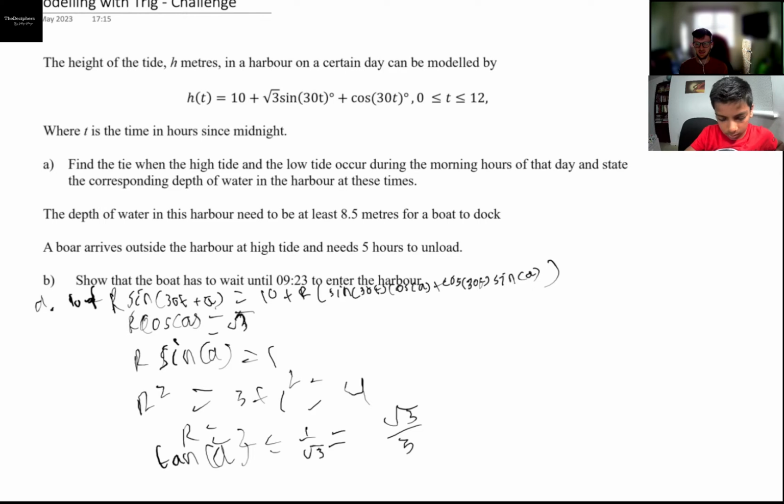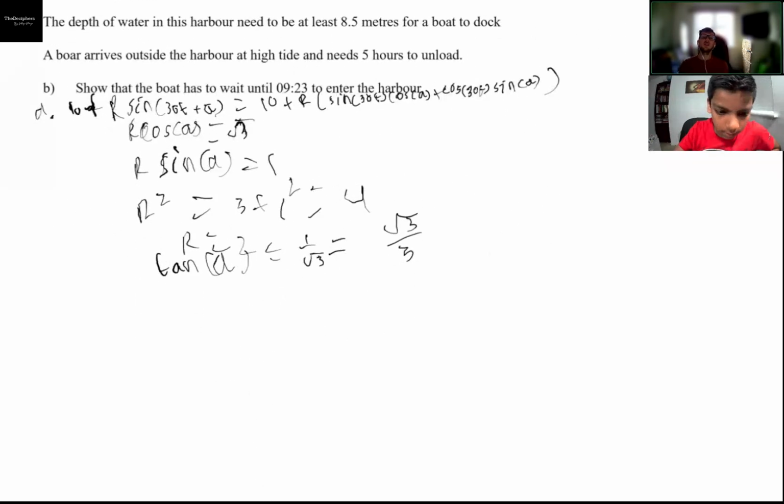Tan alpha is 1 over root 3, which is 30 degrees. Okay, so alpha is 30 degrees.